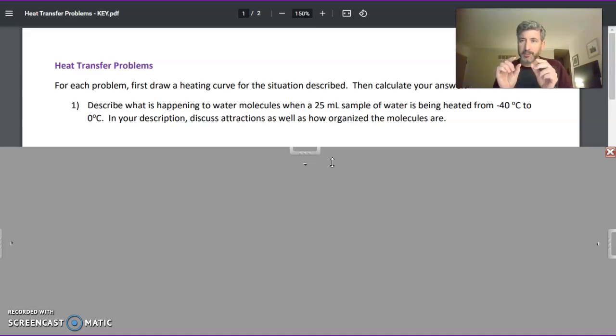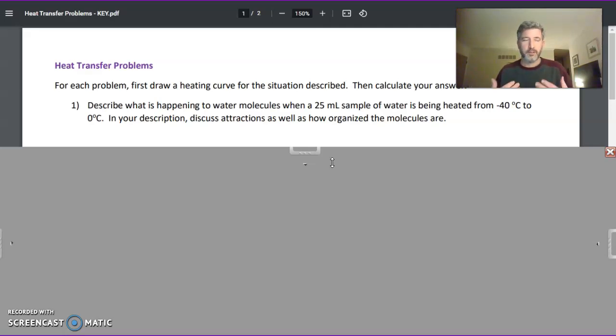In terms of attractions and organization, they stay very organized, very fixed in place because they can't flow. They're not liquids yet. They are moving faster and faster, but their attractions, their hydrogen bonds, are keeping them in those fixed positions. Now, you could also then say that at 0, they begin to melt, and that's going to change things.